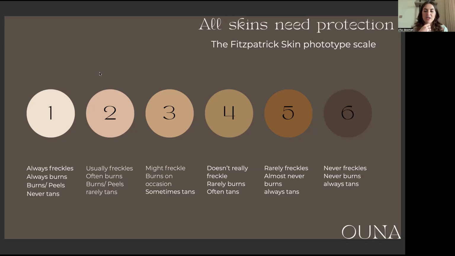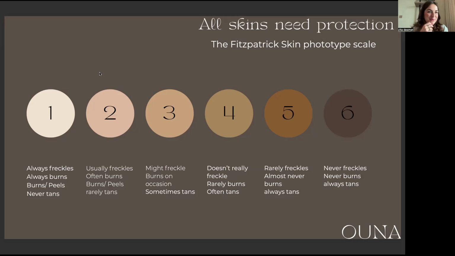Phototype 4 is a little bit more Mediterranean, with a more olive undertone already. They don't really freckle and rarely burn, but when they tan, they get pigmented. They get really dark when overexposed to sunlight. You can see that in different northern African countries, the Mediterranean, and Middle Eastern area borders.